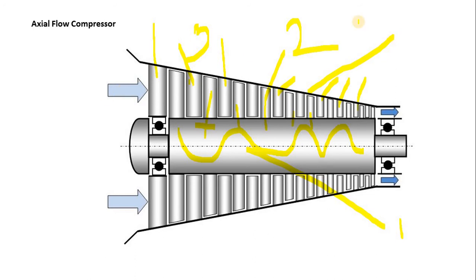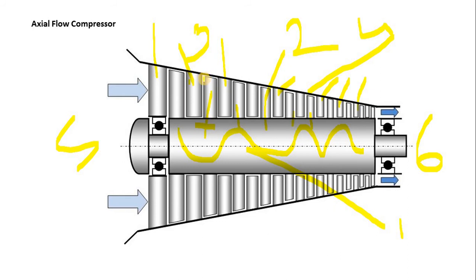Next important part is the inlet section, and this is the outlet section. Okay, so these are the basic parts of the axial flow compressor. I repeat once again. The most important part is the rotating drum. It is connected to the shaft of the electrical motor, and the rotor blades are there. Rotor blades are continuously attached to the rotating drum and they rotate with it, so the name is given rotating drum.